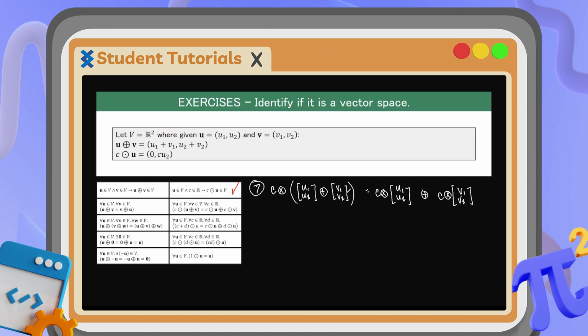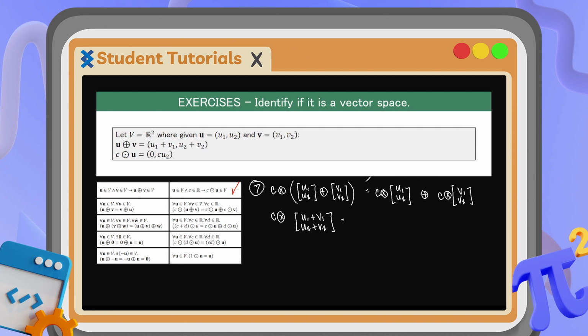So let's first handle the left-hand side of the equation. In parentheses, this would give us, based on the definition of vector addition, (u sub 1 plus v sub 1, u sub 2 plus v sub 2). Now, from there, we need to solve the right-hand side of the equation, starting off with scalar multiplication on both elements in the right-hand side.